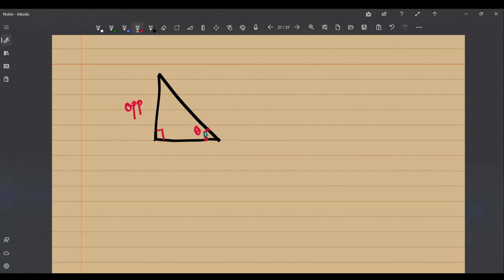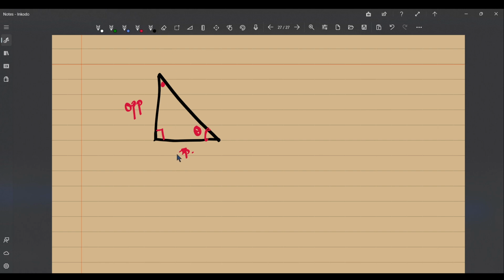Once again I state, this is opposite with respect to this theta, because if you take this angle, which would be actually 90 minus theta, because these two would sum up to 90 degrees, then with respect to this angle where I am just placing a dot, this side would be the opposite side, isn't it? So the opposite would change with respect to the angle which we are considering.